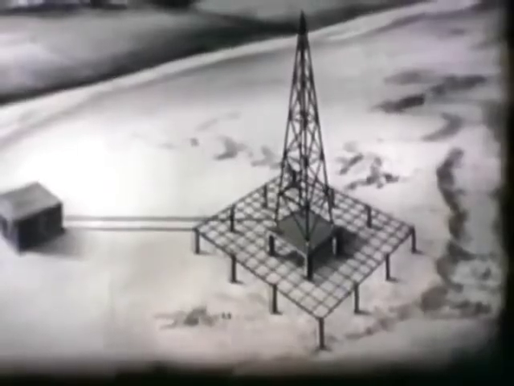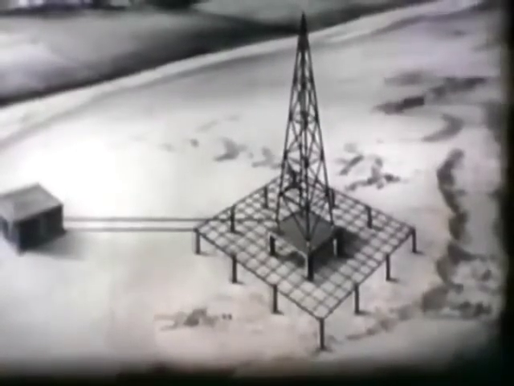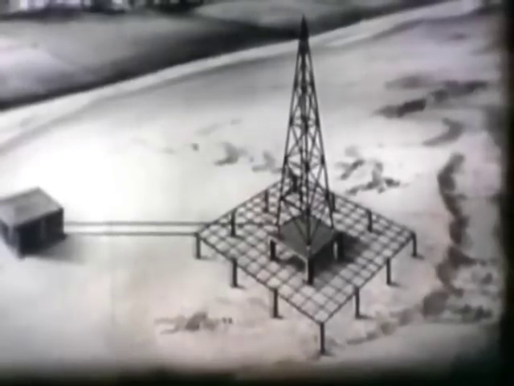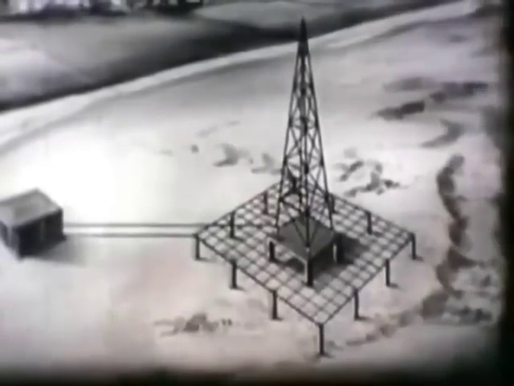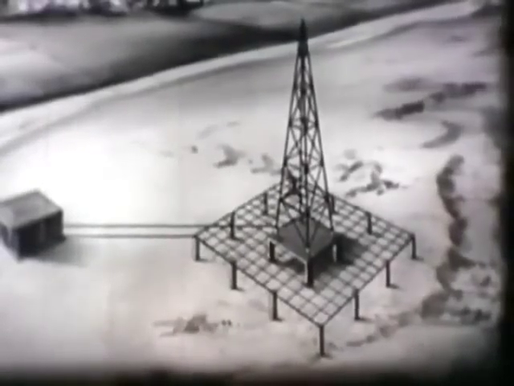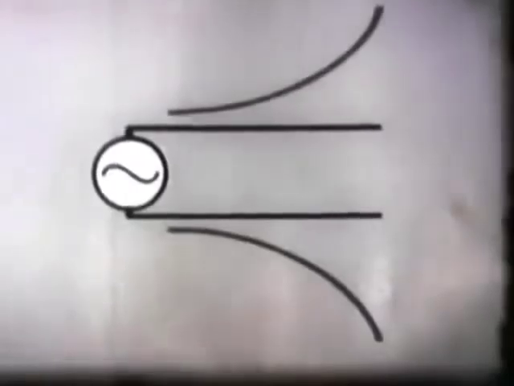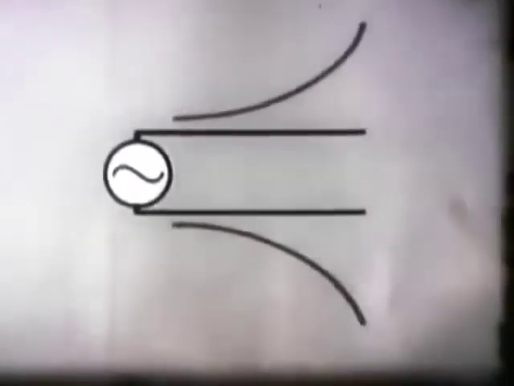A transmission line transfers power to the antenna, and herein lies a final problem: matching the impedance of the transmission line to the input impedance of the antenna in order to eliminate reflection and obtain maximum power transfer. Remember the impedance curve on our quarter-wave transmission line?